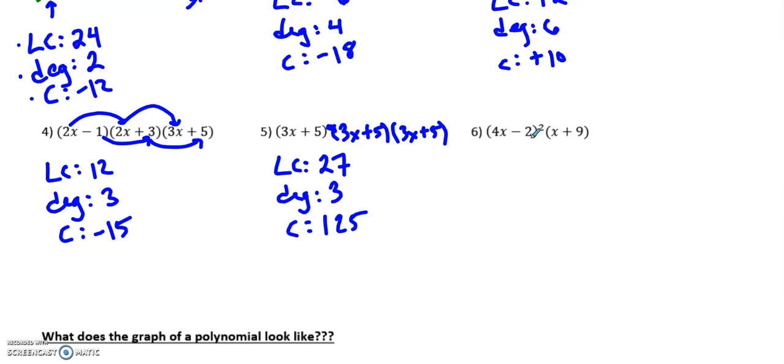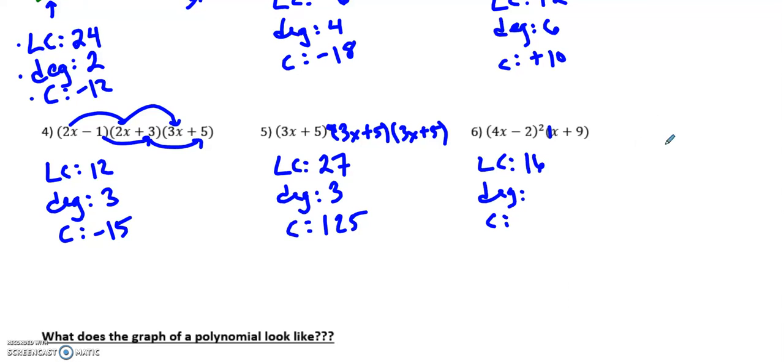Number 6 is very similar to what we'll be looking at when we get a little further into the unit. So you could write it out like I just did, scribble out the squared and write another 4x minus 2. Or you could think of this as just being 2 4s. So for the leading coefficient, it's 4 times 4 times a 1 from right there. So I have a leading coefficient of 16.